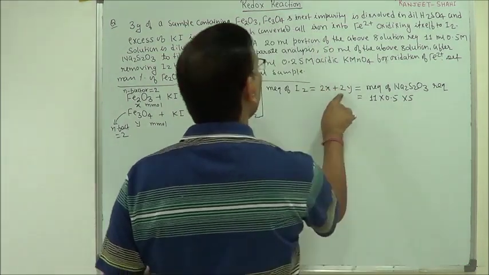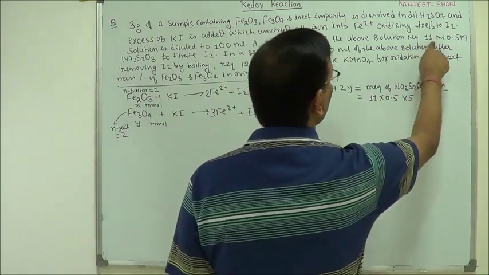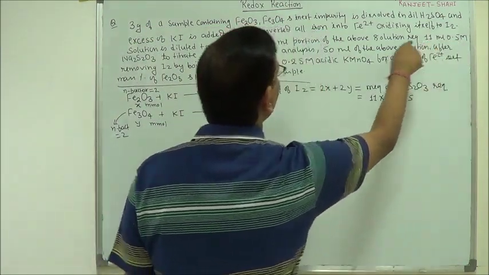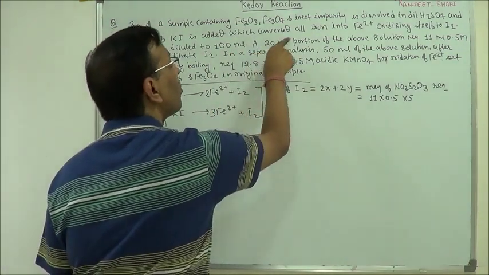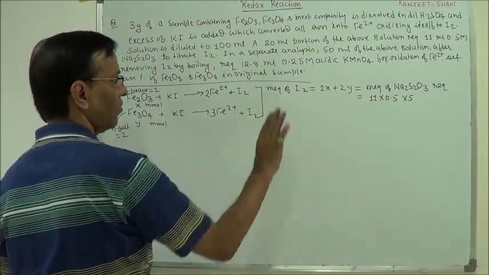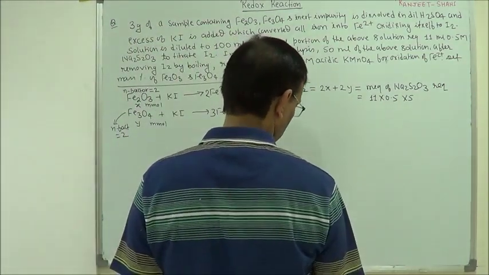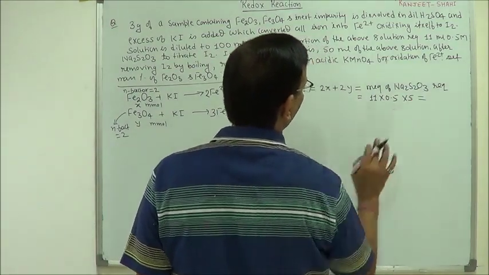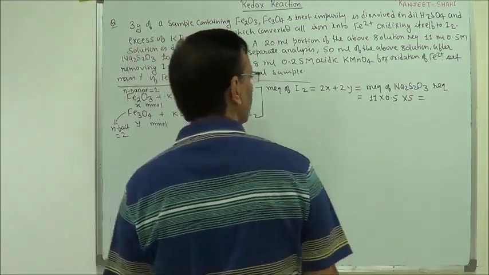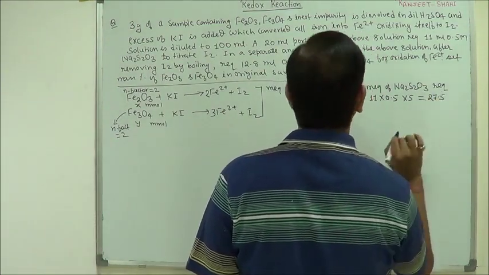Since it is total milliequivalent of iodine, and 11 ml of 0.5 molar sodium thiosulfate is required only for a 20 ml portion of the stock solution, for 100 ml it is 5 times. So it will be 11 into 5, 55, divided by 2, so 27.5.